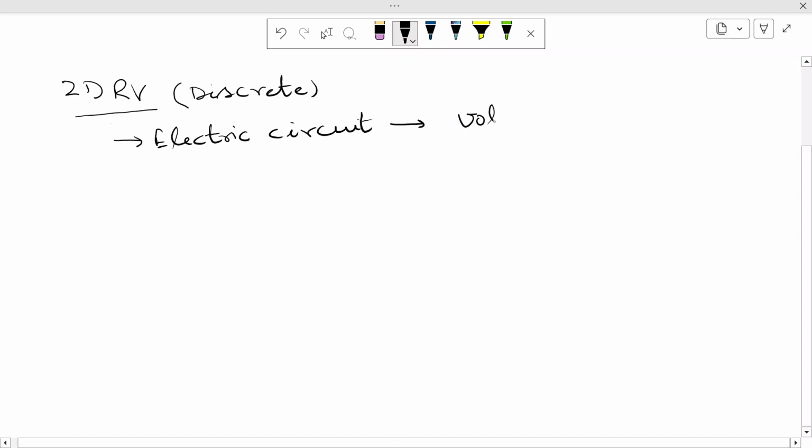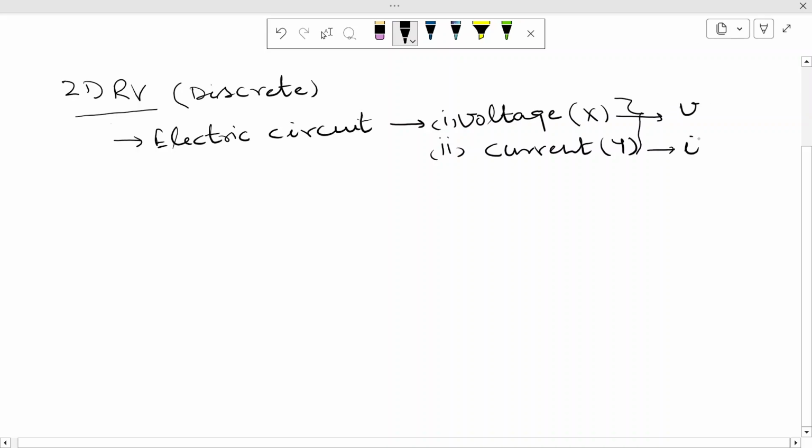One is the voltage in the circuit, which we can mark as X, and the second one is the current in the circuit. The conventional notations for these quantities are V and small i.